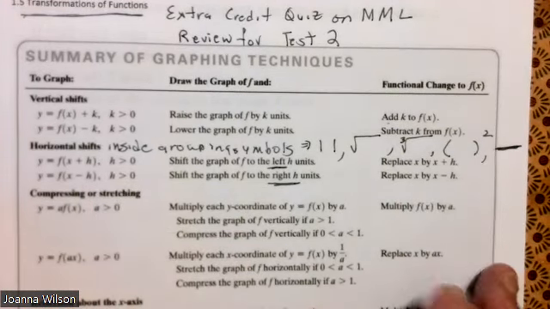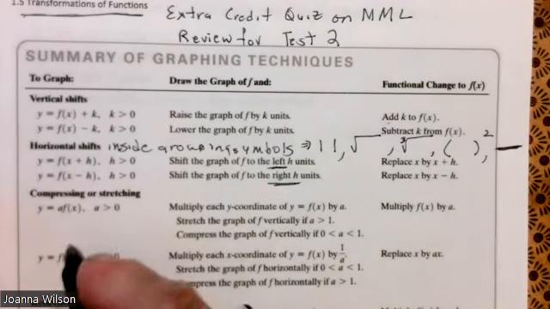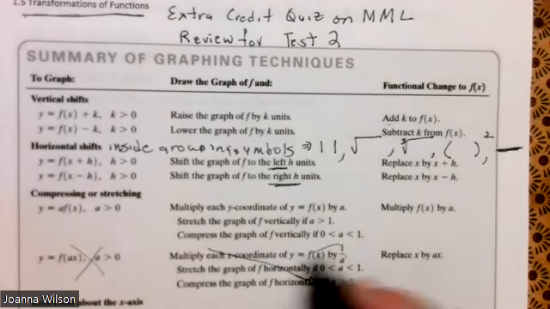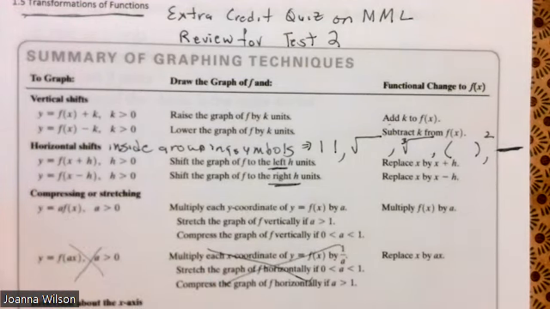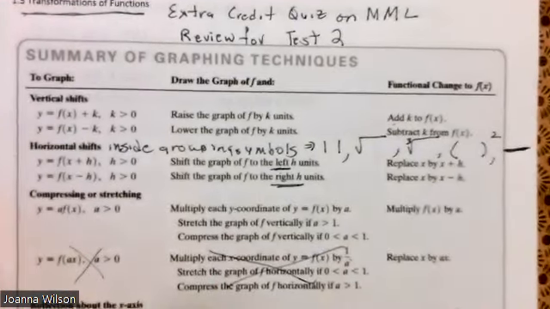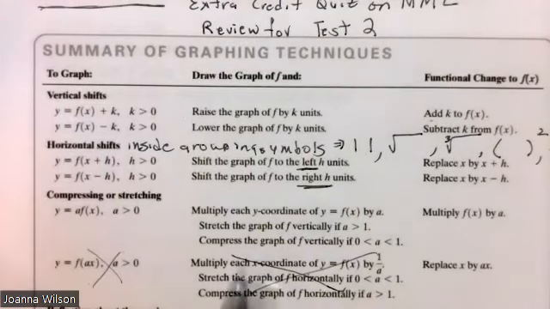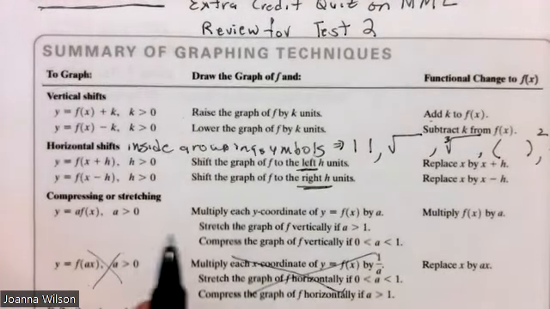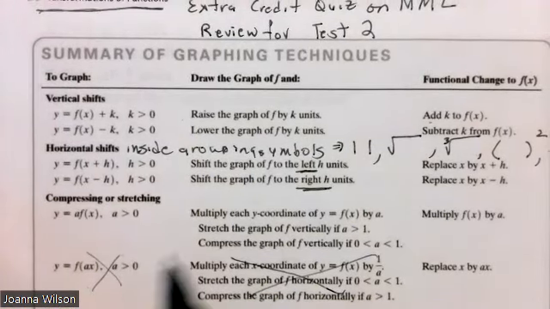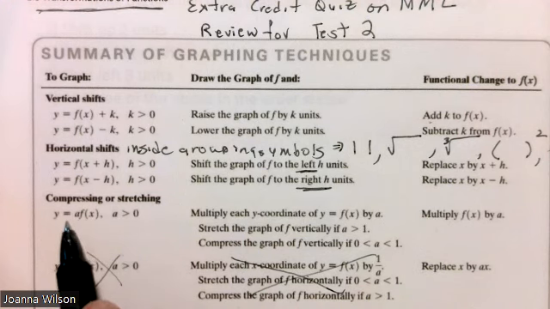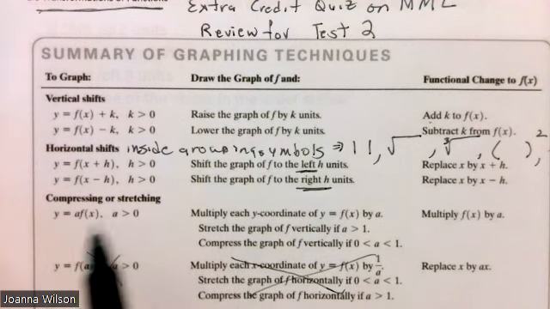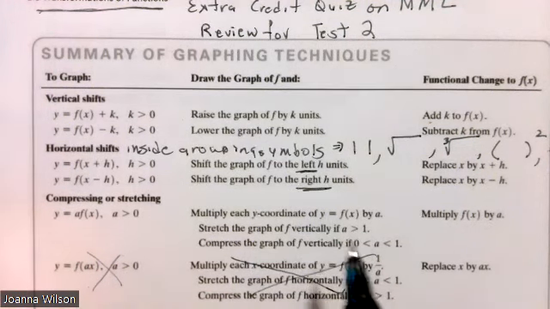Compressing or stretching, I don't think we did this one. But for this one, if you multiply on the outside of a function, so you're just multiplying whatever the function is by some number a, and a is positive, then because this f of x is y, it's going to multiply all the y coordinates by a.